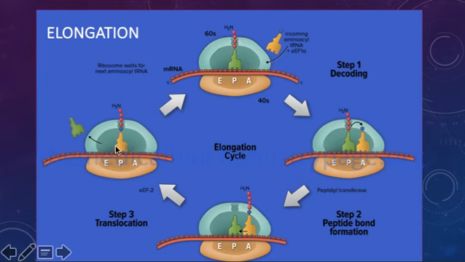Then what happens? There is movement of the deacylated tRNA. You can see the tRNA here. The deacylated tRNA in the P site exits from the E site and moves out of the ribosomal unit, that is the 60S ribosomal unit.